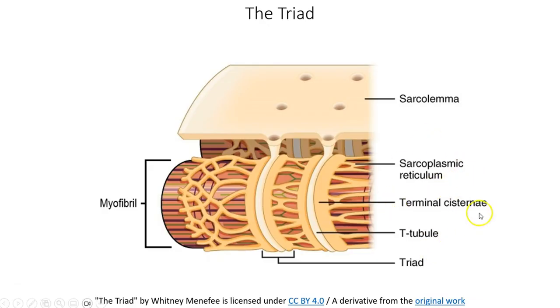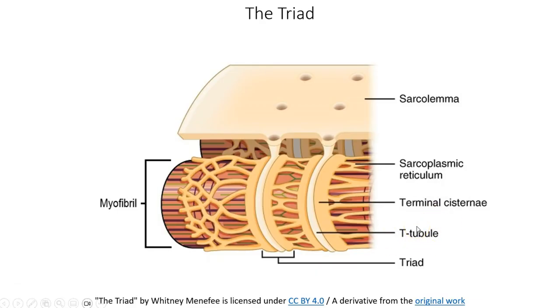We'll talk more about the terminal cisternae a little bit later when we get into the physiology of how muscle contractions happen, but the terminal cisternae is an enlarged region of that sarcoplasmic reticulum that's going to contain really high concentrations of those calcium ions.